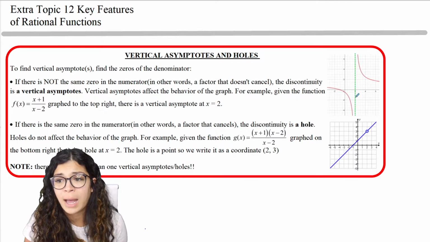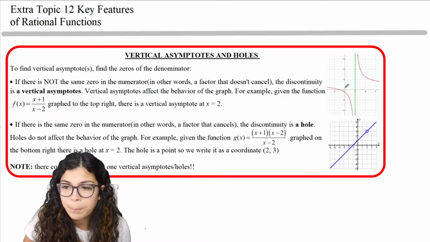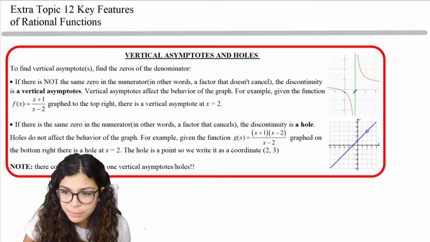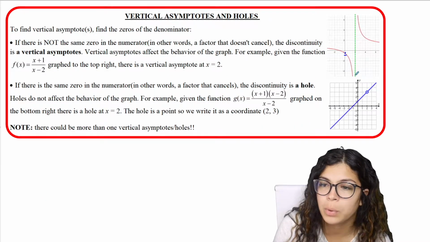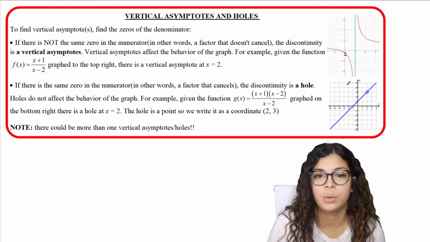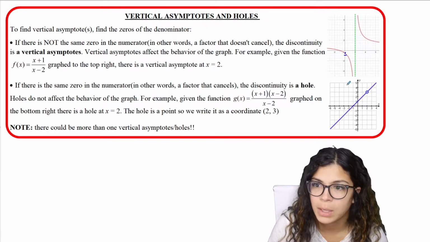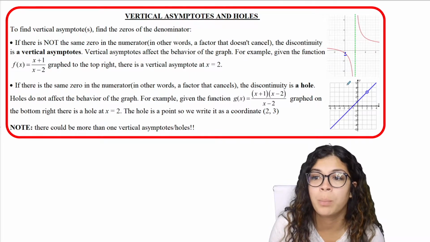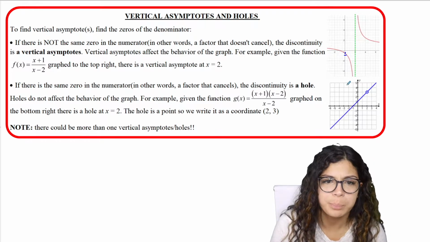Whereas if I look at x equals 0, well, I have a point here. The y value for x equals 0 is negative 0.5. So any vertical asymptote will be that break in the domain where you don't have any value, and there is no point for the function at that x value.